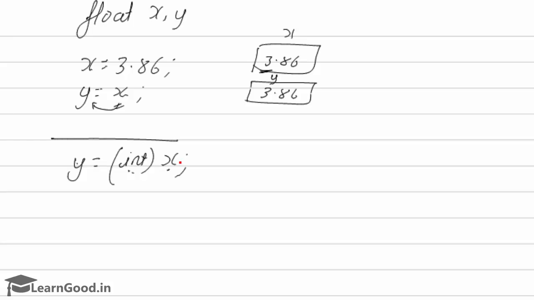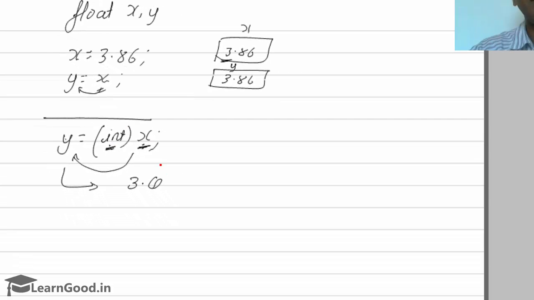So 3.86, when converted to integer, will be 3, and when the 3 has been stored inside this y, you'll have 3.0 inside y, because y is a float, it will store the value as 3.0. So here we are converting a float value to an integer. Converting from one data type to another data type is called typecasting.